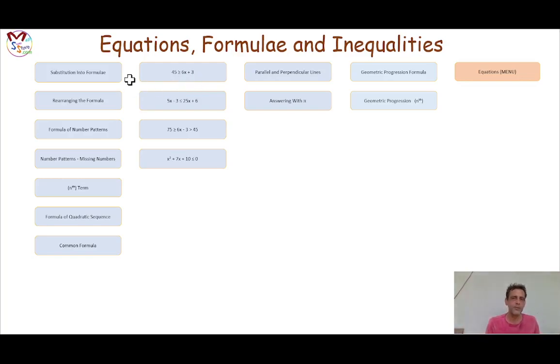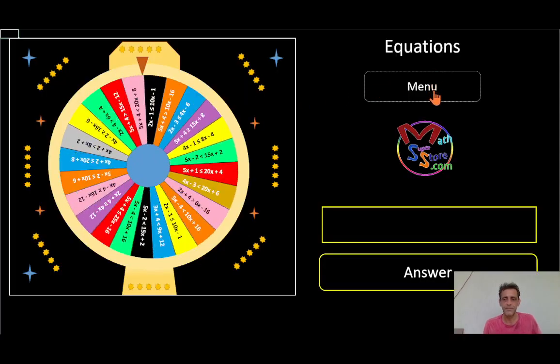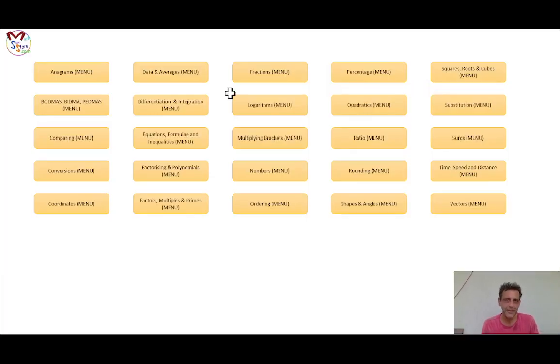Then we've got a list of inequalities, parallel and perpendicular lines, answers with pi, so it's leaving the answer with pi and not calculating the full numerical value, geometric progression formula, and geometric progression nth term. And we'll go back quickly to the menu, just to quickly go through these menus.